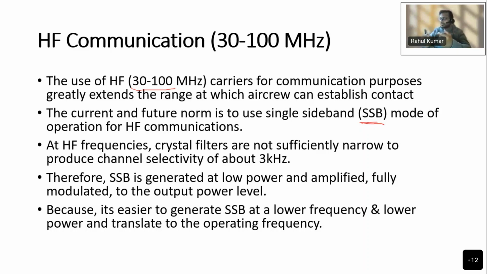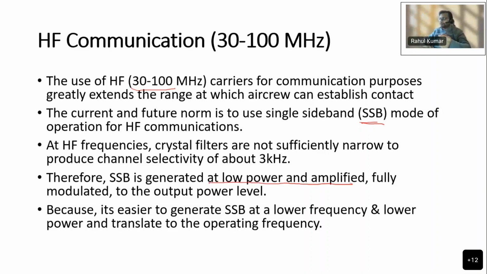Now it is easier to generate single sideband at low frequency and low power, right? So again we generate the SSB signal at low power and low frequencies, and then we translate the power and frequencies to the required level.